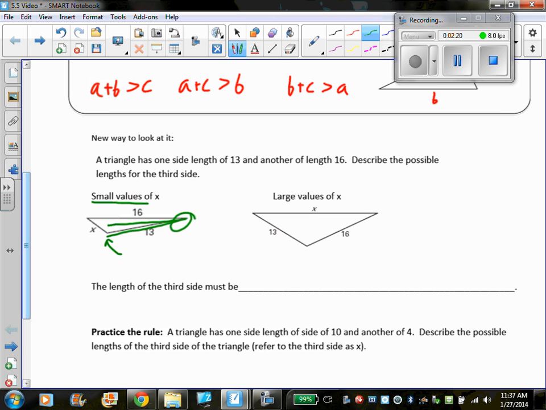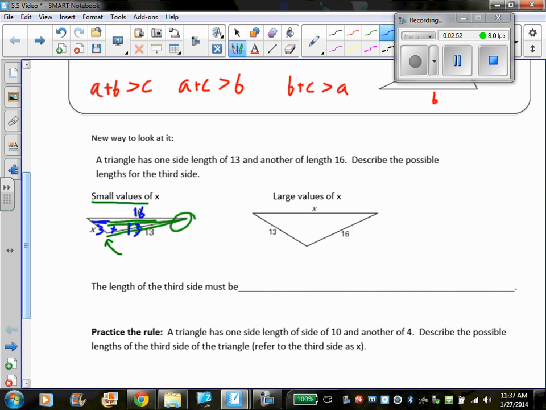When it got right up to the edge of 16, so that they were almost the same line, remember, this has a length of 13. How close would this remaining distance be between the 13 that's down here and the 16 that's up here? Well, in order for them to connect, this length over here would have to be about 3, because 3 plus 13 gets us our 16.